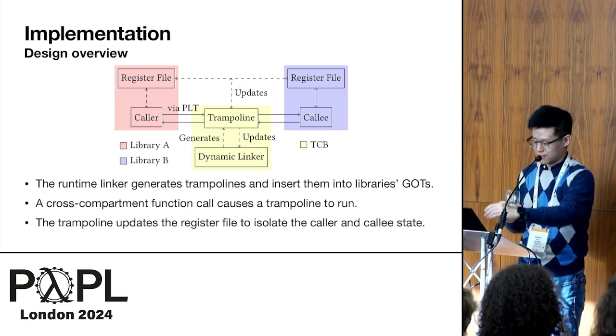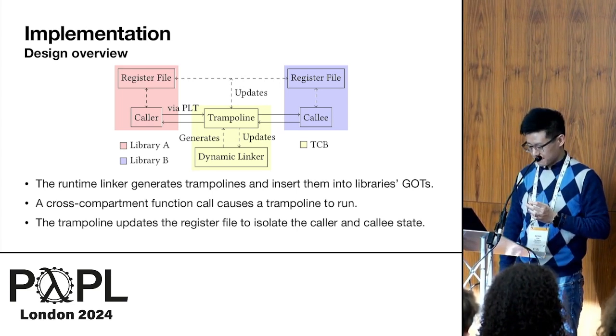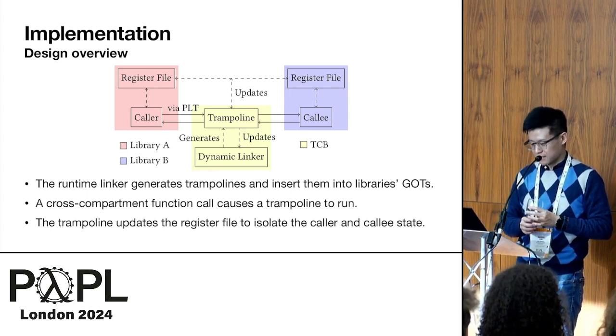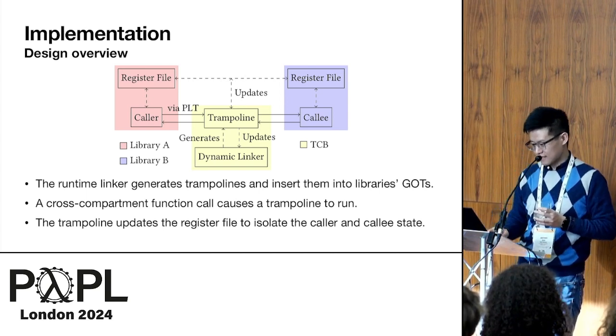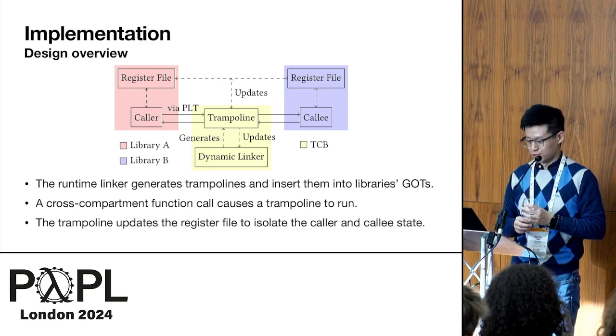So when the function returns, the trampoline will restore the correct callee saved registers. The trampoline also enforces properties like well-bracketed control flow. So if you attempt to perform non-well-bracketed control flow, you will be unable to do that.